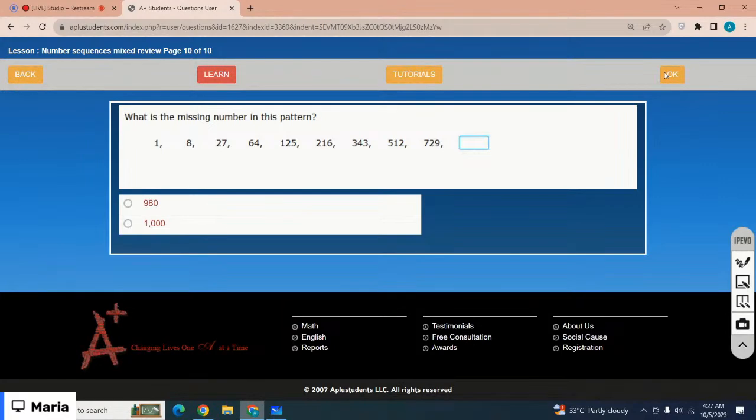Yes, they are the cubes of the numbers. So the next one is 1000, right?